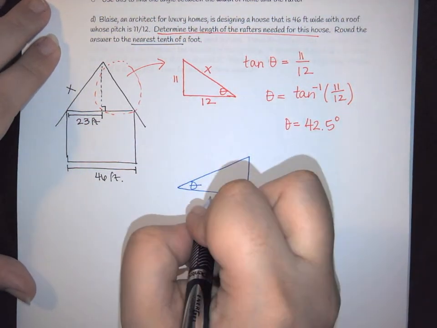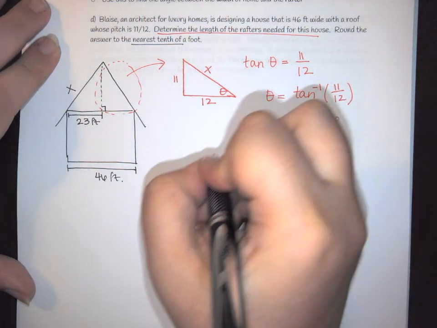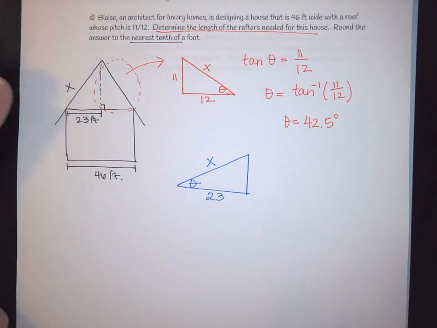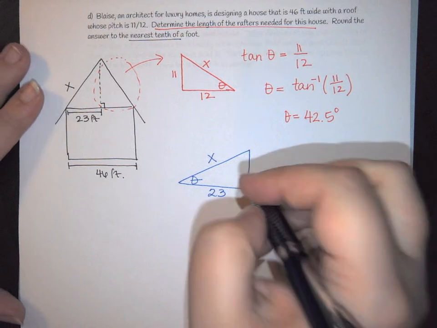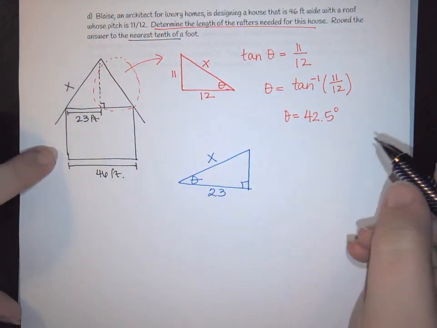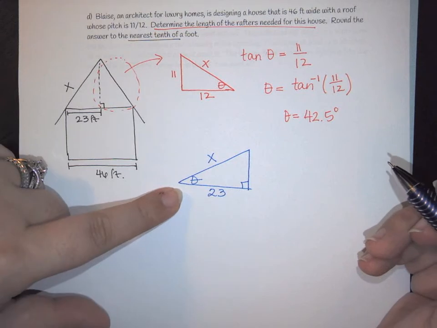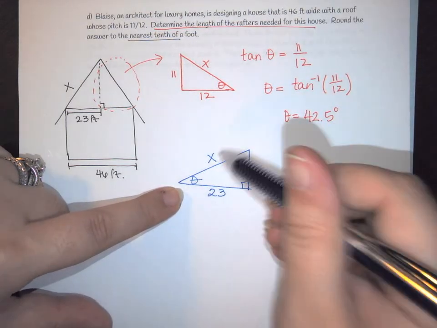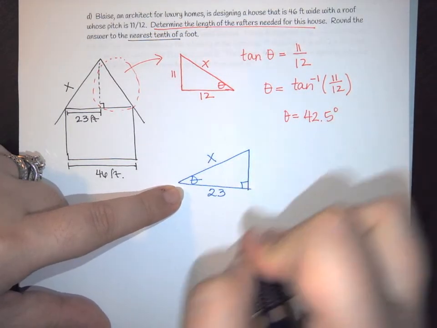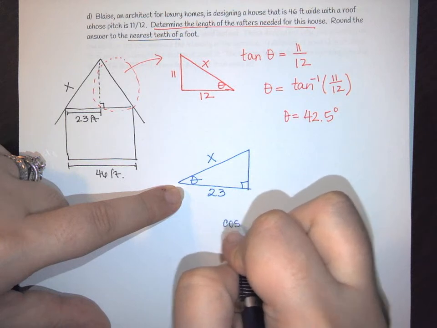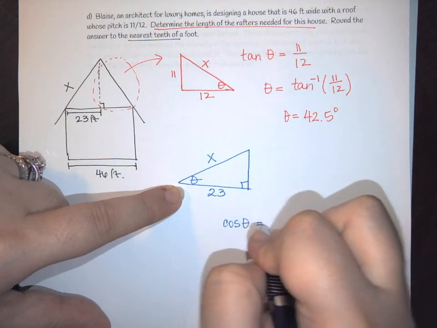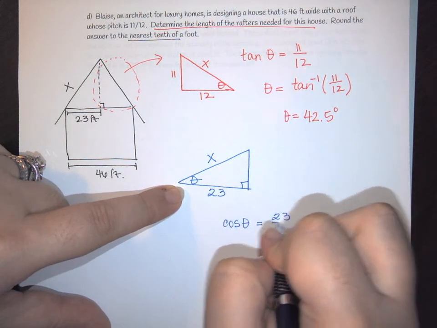I know this is going to be 23, and that is what I'm looking for. So in this case, I know that this is going to be 42.5. I have adjacent over hypotenuse, so I've got the cosine of my angle is going to be 23 over x.